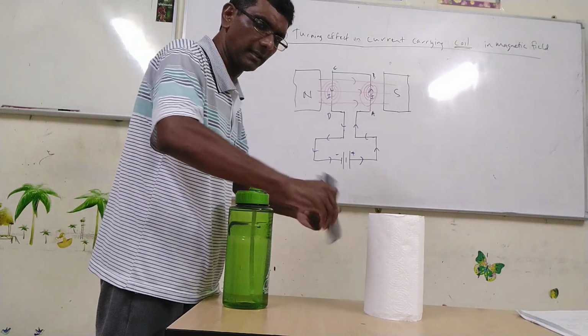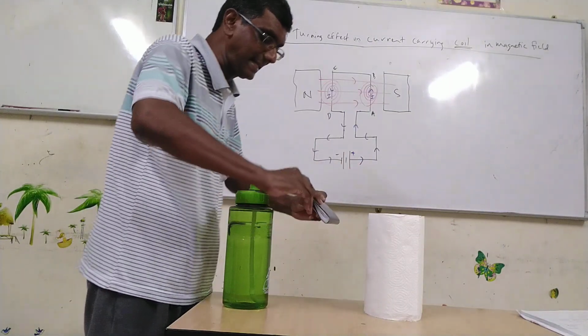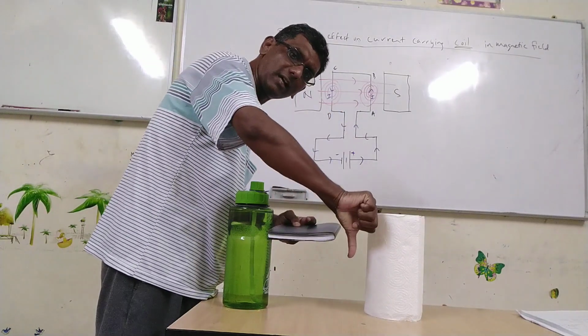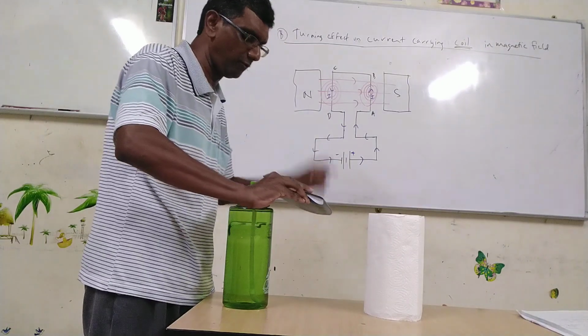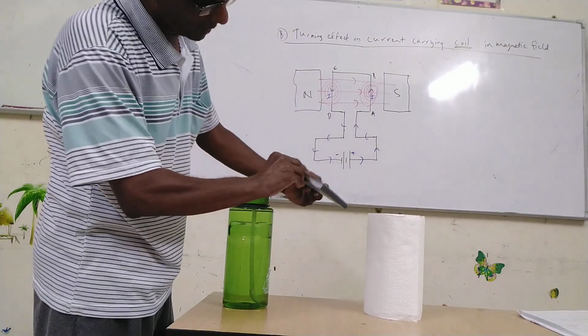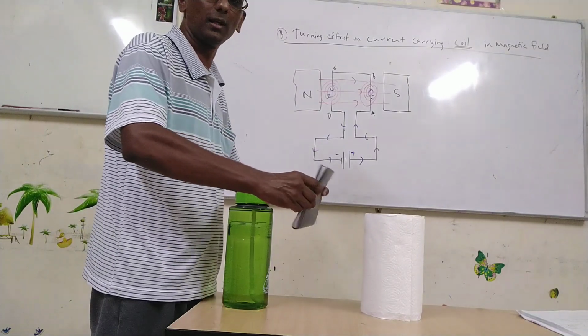Turn like this, in the permanent magnetic field. You can see the turning effect because this force acts upwards and this force acts downwards. So this turning effect is clockwise.